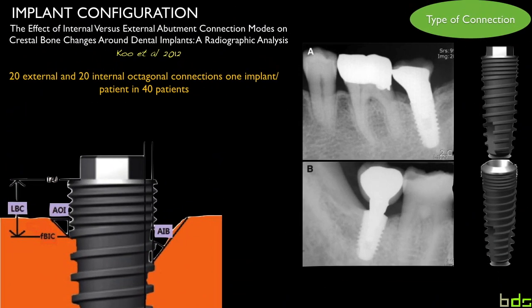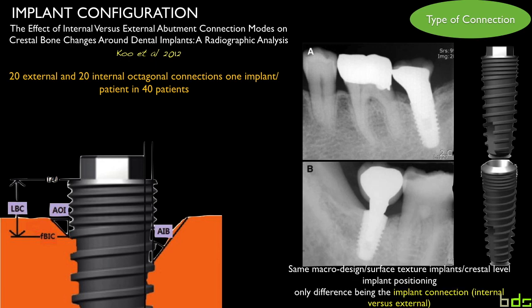Implant configuration, or the type of the connection, is a parameter that was also studied. This is a study by Ku in 2012, where they evaluated 20 external octagonal connections versus 20 internal octagonal connections, on 40 implants in 40 patients.